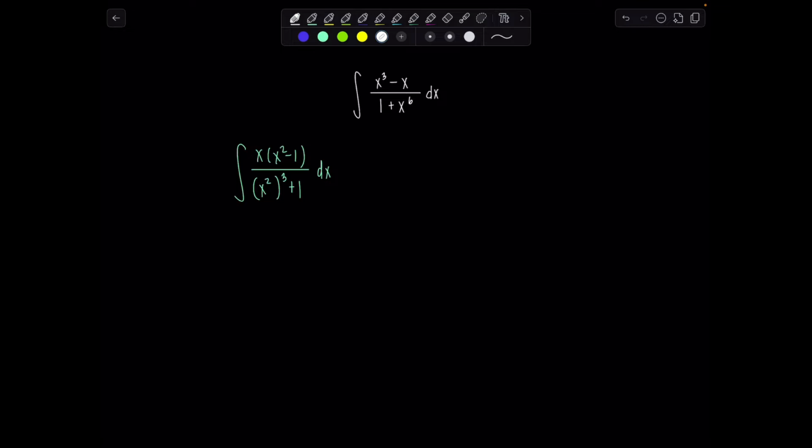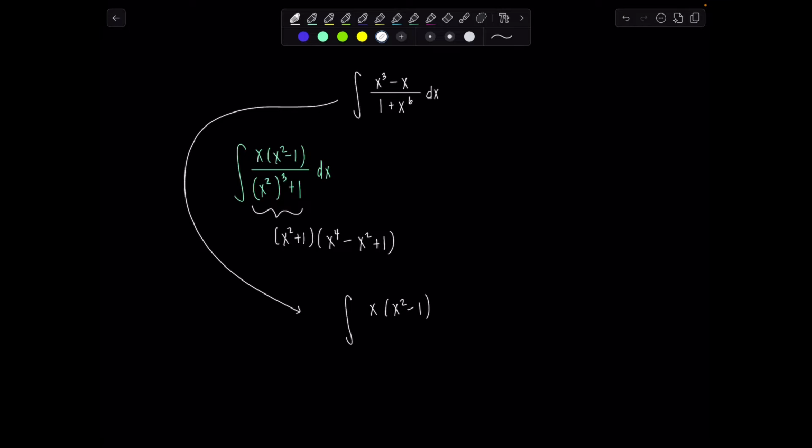So hopefully you remember how to factor a sum of cubes. x squared cubed plus 1 would factor into x squared plus 1 times x to the 4th minus x squared plus 1. So that's how our denominator would be. So let's rewrite everything. We have the integral of x times x squared minus 1 over x squared plus 1 times x to the 4th minus x squared plus 1, and then dx.